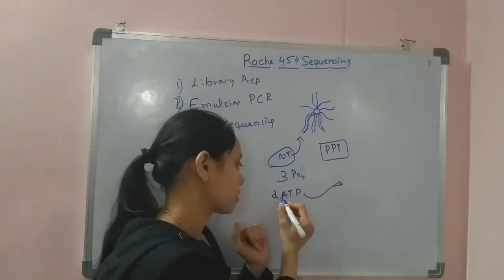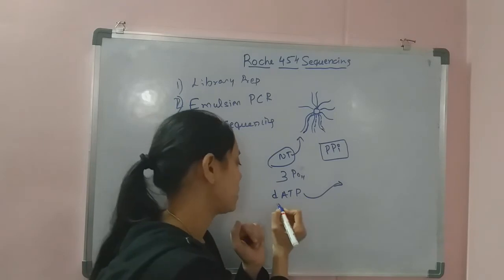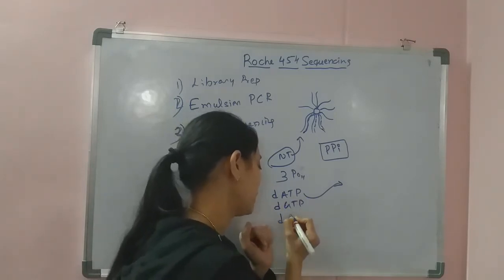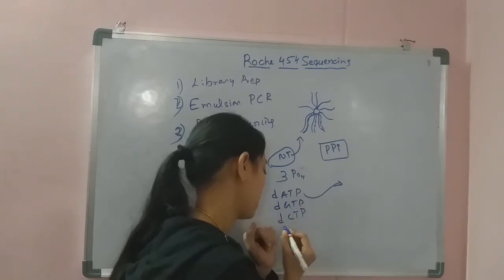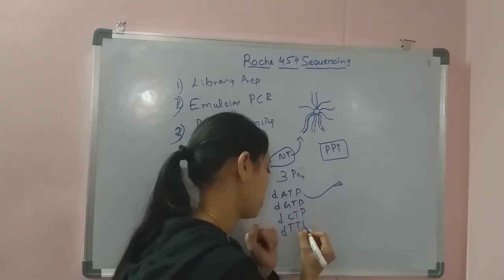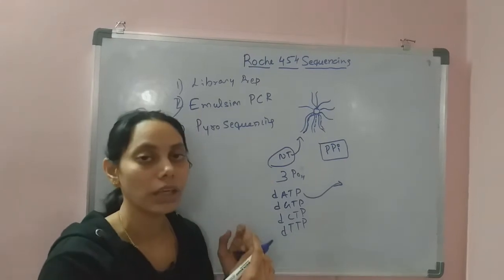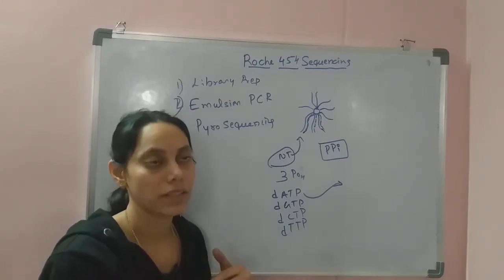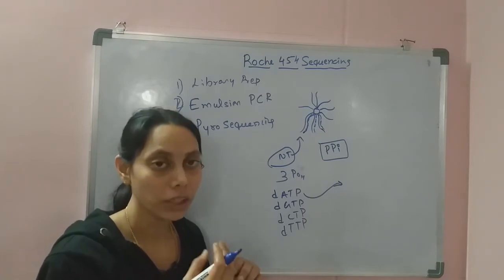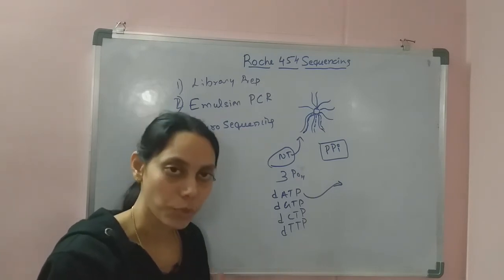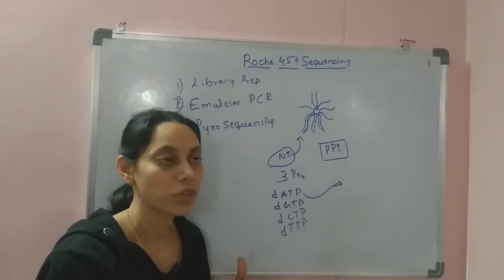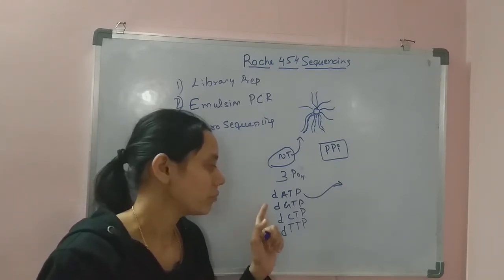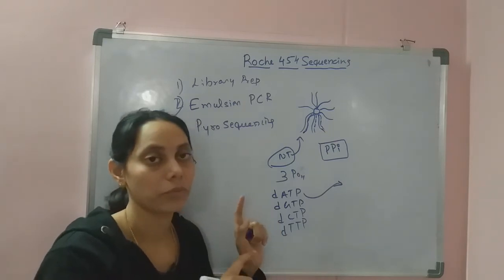Likewise, once this dATP is added, we are going to add dGTP, then dCTP, then dTTP. So in a wave fashion, one by one, each type of nucleotide is added, and we need to check whether the signal is produced or not. If a signal is produced, that means at that nucleotide position there is that particular type of nucleotide.